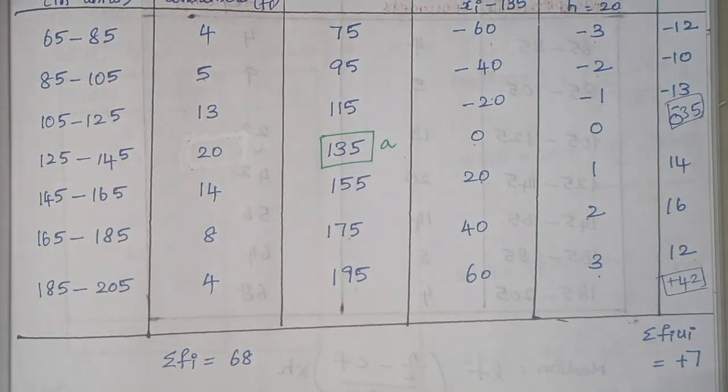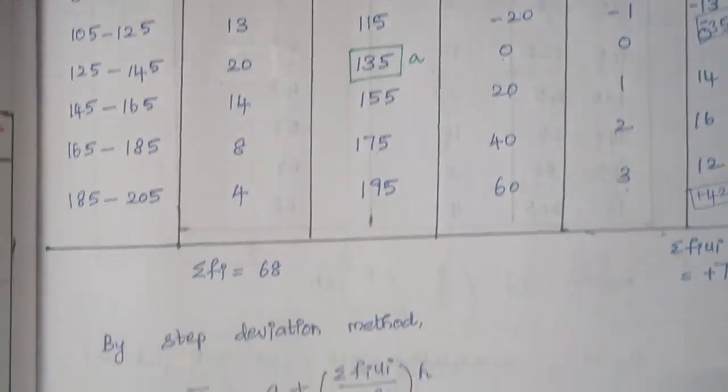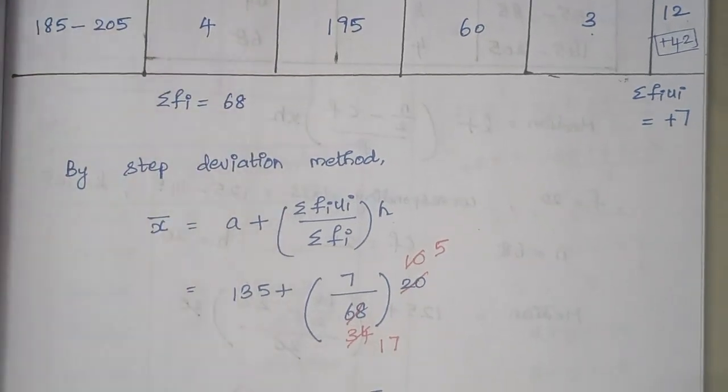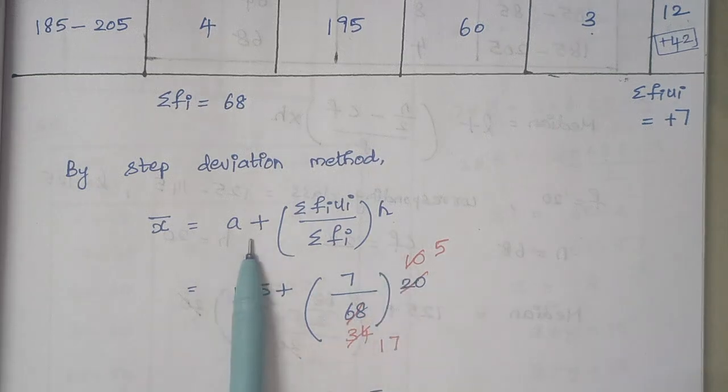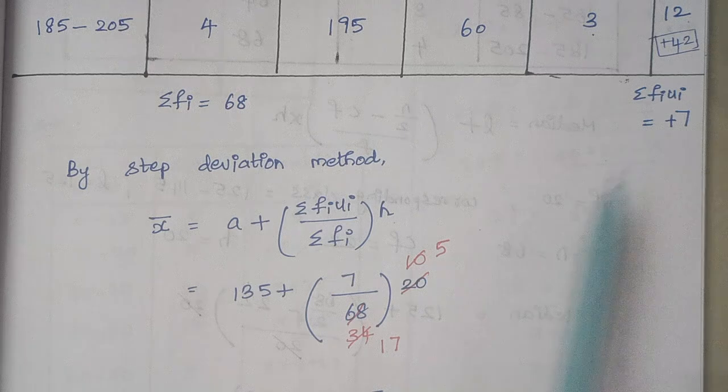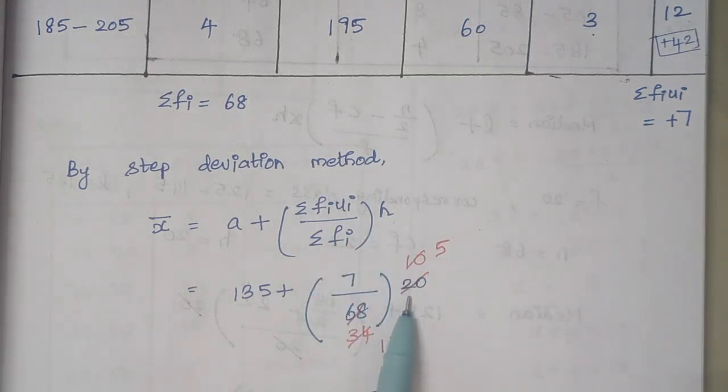Right. Now we are going to substitute these values in the formula. So here the formula is x bar is equal to a plus summation of fi ui by summation of fi into h. So a is 135 and summation of fi ui is 7 and summation of fi is 68 and the value of h is 20.